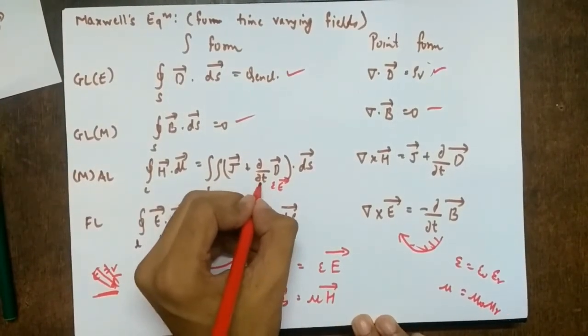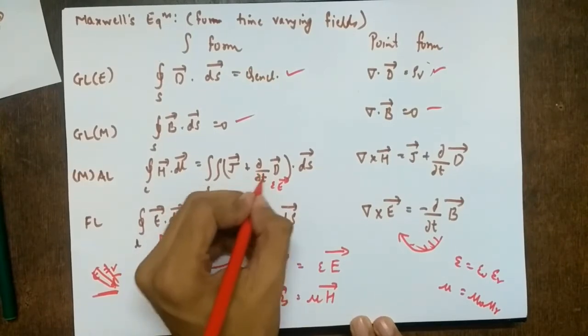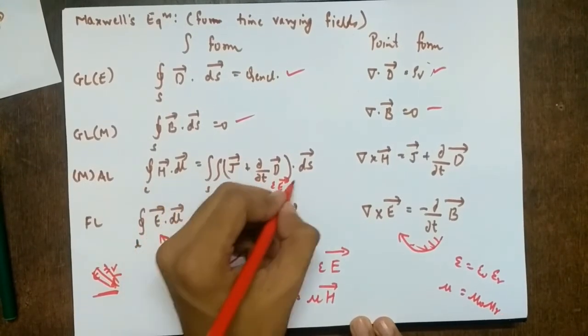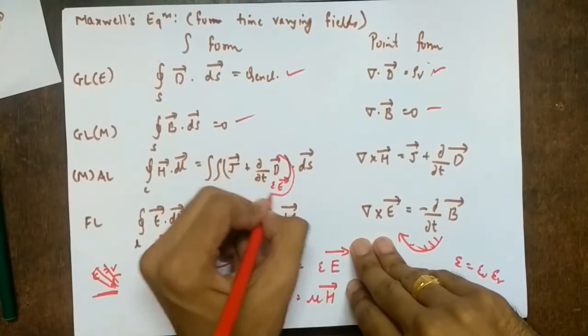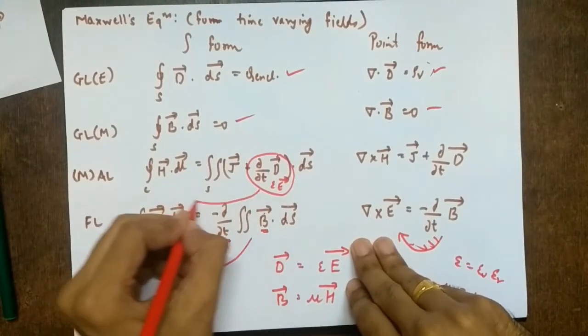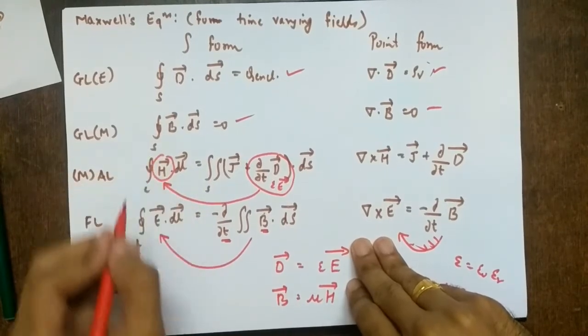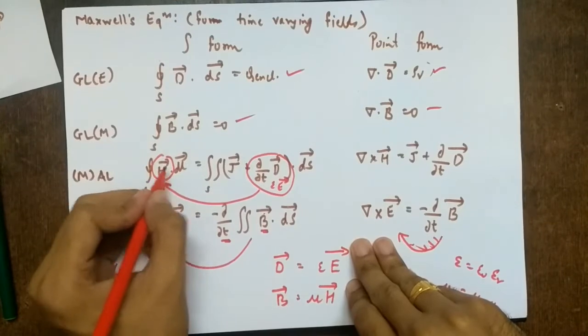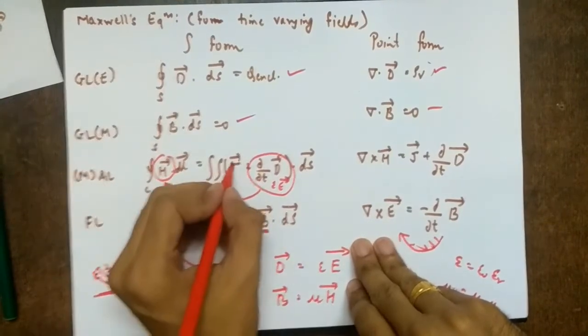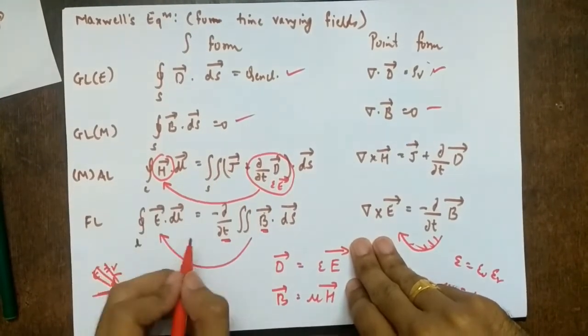So what am I getting? A changing electric field. Why changing? Because this is with respect to time, so as time changes, the electric field will change. Whenever I have a changing electric field, I will always have a corresponding magnetic field. Means if this field is 0, this will also become 0, assuming J vector is 0.